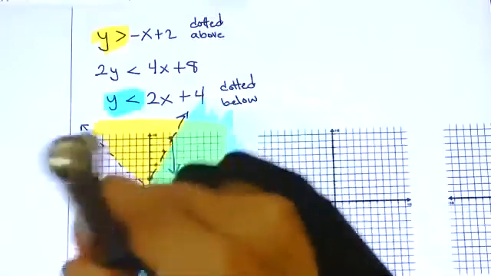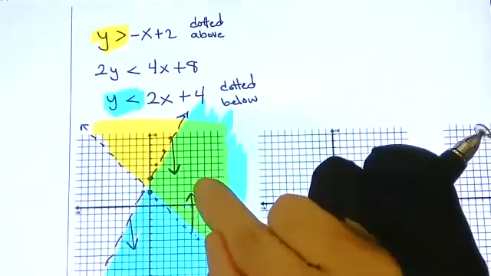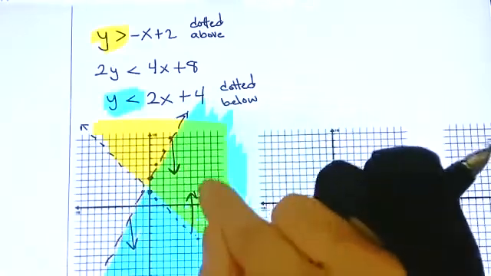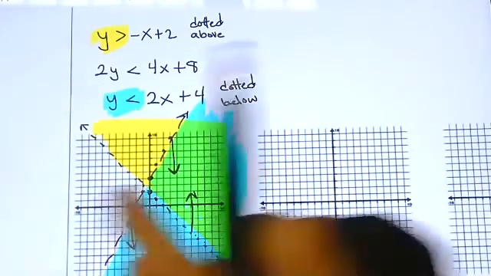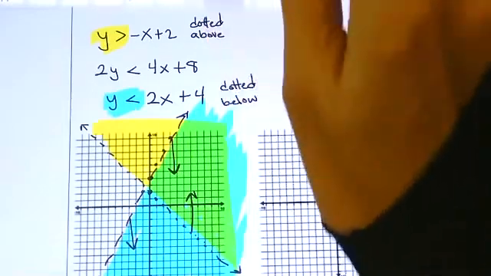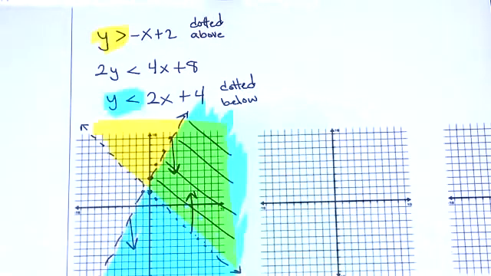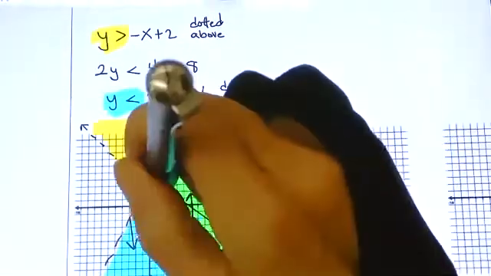And it's not as easy to see on the camera as it is for me to see, but this region right here is a different color than those two. That's yellow, that's teal, and this region is definitely more green when I look at it. You might not notice that, but it is. So this is my overlapping region right in here. So that's my solution right here. My solution is this region.